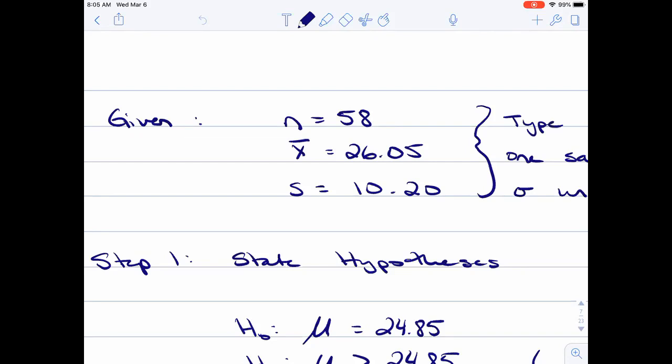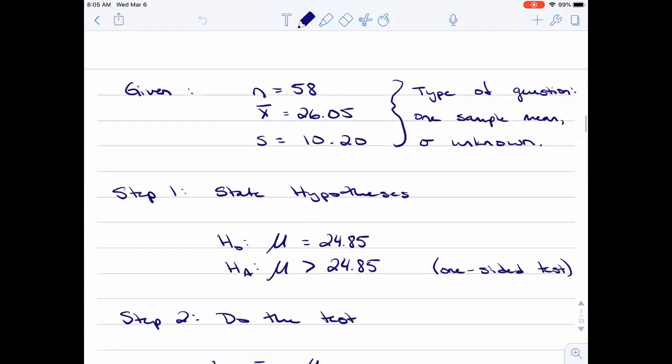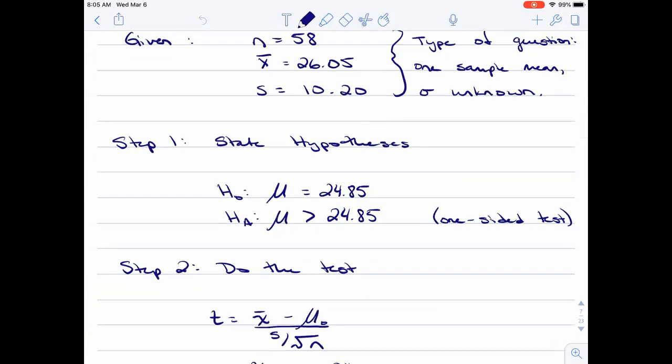So we went through and said, okay, our null hypothesis is that the mean sales are 24.85, the same as before the redesign. Now, what we suspect, or what we're probably hoping for if we did a redesign, is higher sales.